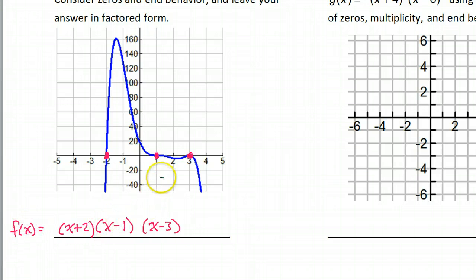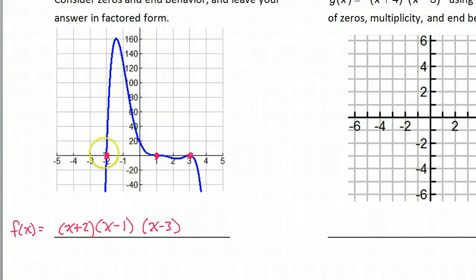However, there are two other things I have to consider. Depending on how the graph behaves at each one of these zeros, I will know what the multiplicity of each one of these factors is. In other words, I should know whether it's a single factor or a double or a triple, the degree, the exponent.